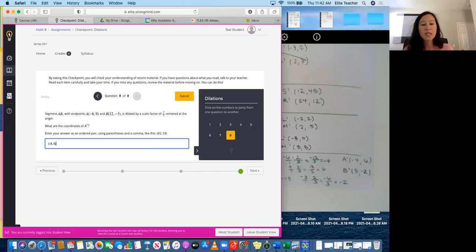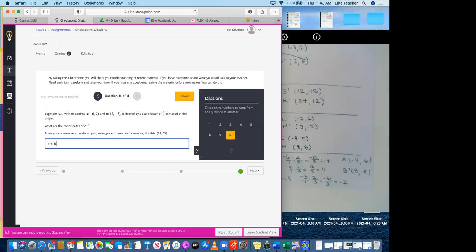Because if you don't do the space, it'll mark it wrong, even though you have the right numbers. All right, are we good? Thank you. Yep, so that's it.